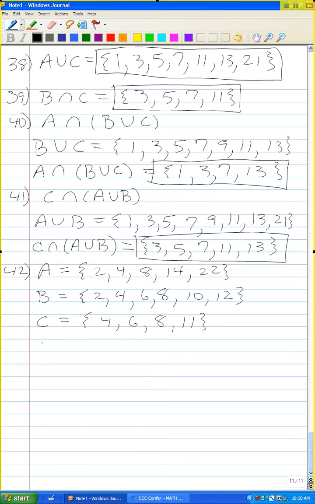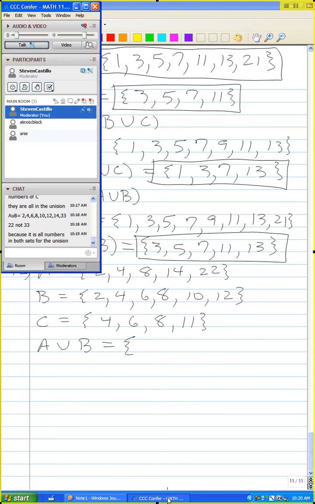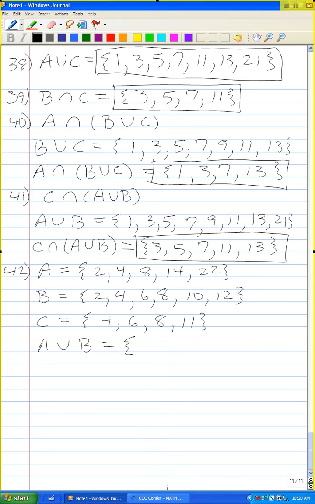42, A union B. So, yes, for the union, it's either set.